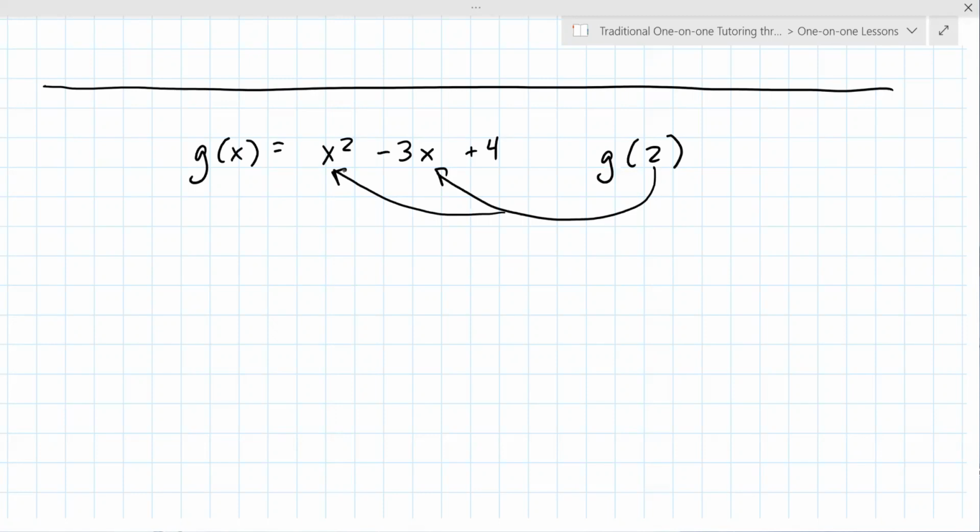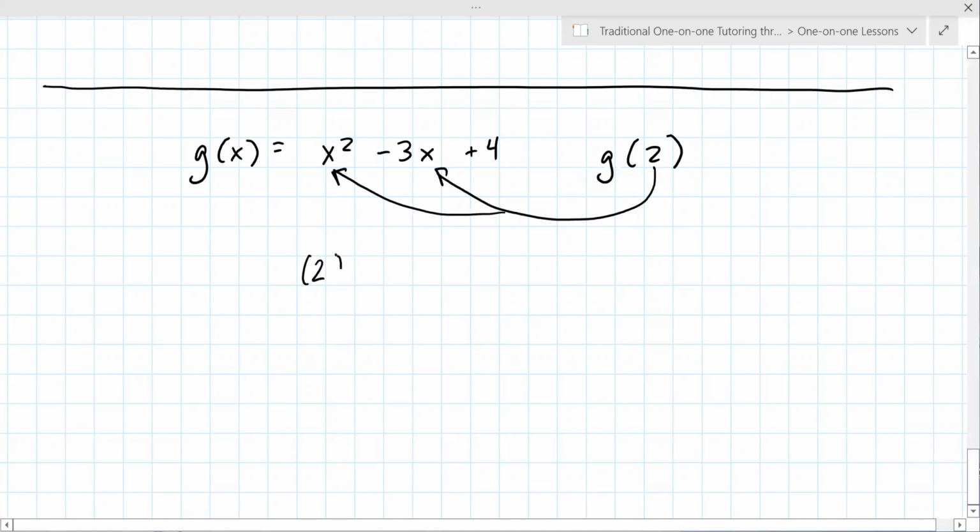How are you doing on this one? I'm doing good. It's good to put the numbers in parentheses when you substitute. Yeah, I got this.